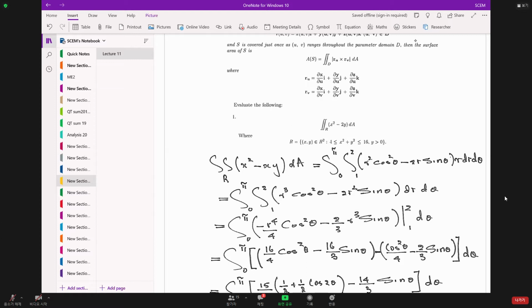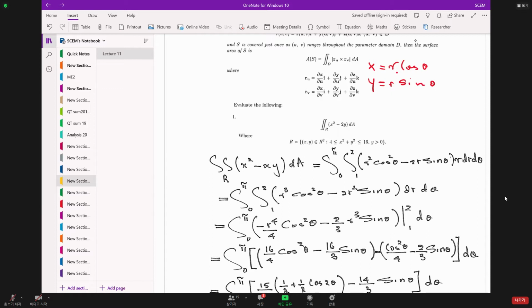Now, to convert it to polar coordinates, you substitute for x. Here you have a circle where the radius varies between 2 and 4, because x squared plus y squared is radius squared. If you parameterize it, x is equal to r cos theta, y is equal to r sine theta.